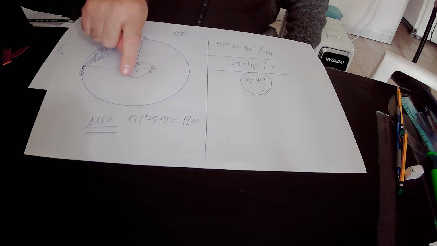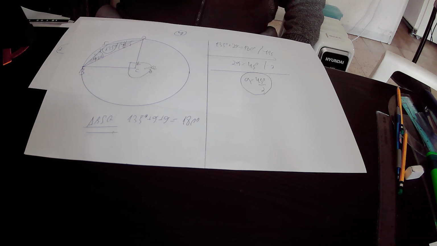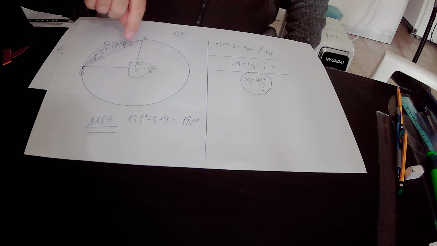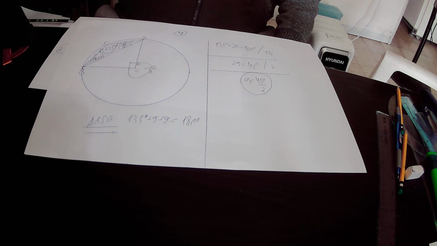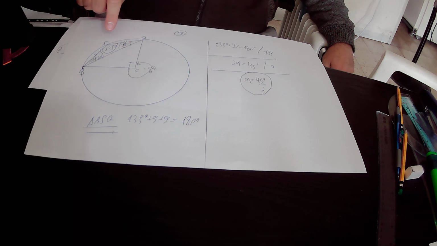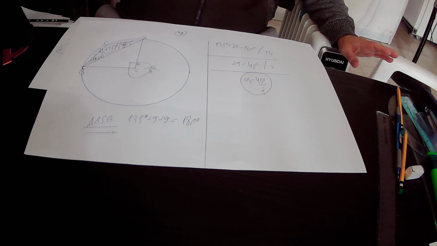So we found out that the central angle QCB that is subtended on arc QB is equal to 270 degrees. Therefore, the peripheral angle QSB that is subtended on the same arc QB must be equal to half of it, 270 degrees over 2, that is 135 degrees. So the peripheral angle QSB equals 135 degrees.